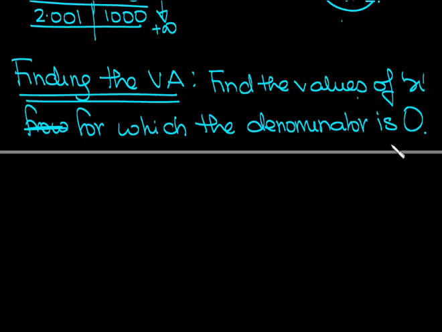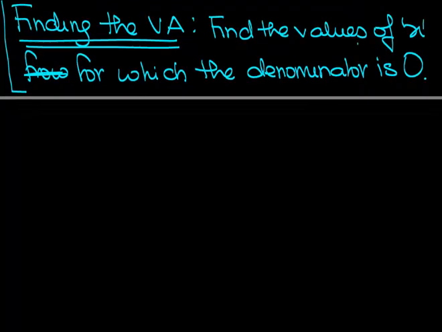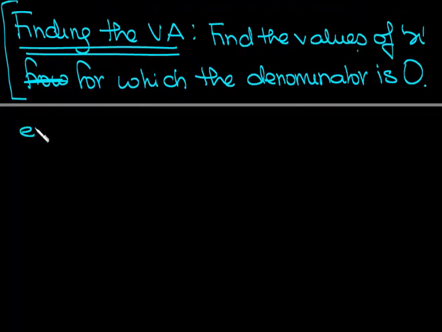Okay, all you have to do is take your denominator, set it equal to 0, and solve, and that'll give you the values of x for which you have a vertical asymptote. So that's how you find a vertical asymptote. Okay? Alright, let me give you an example.